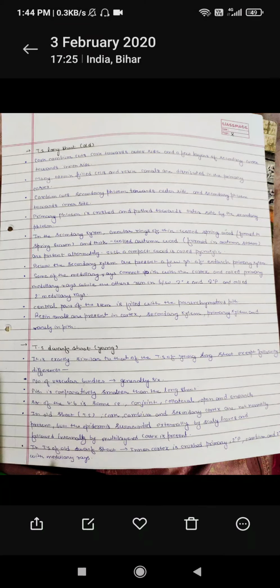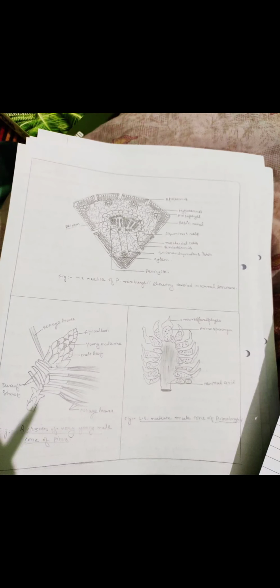And this is now the TS of old stem of Pinus, and this is the tip of dwarf shoot. Now this is the first diagram, the TS of needle of P. roxburghii, showing detailed internal structure.